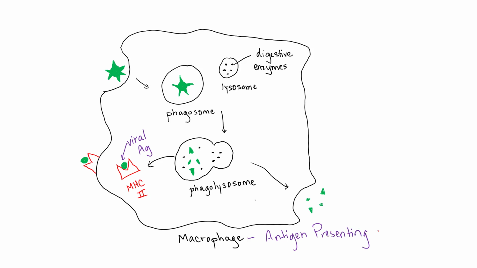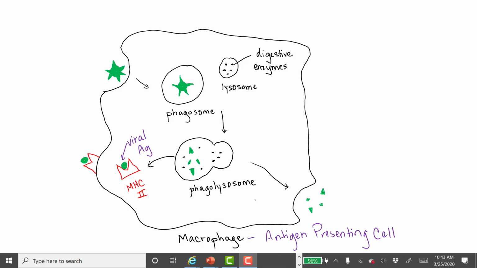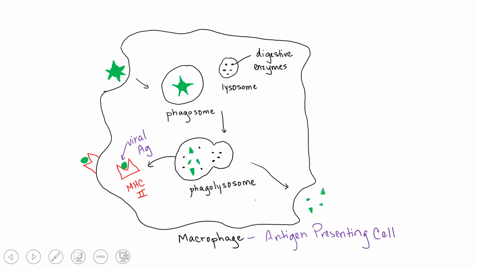So we call this macrophage an antigen-presenting cell because it is wearing the viral antigen complex to its MHC2 protein. So now I want to add just one extra piece of detail to this diagram that we haven't talked about.